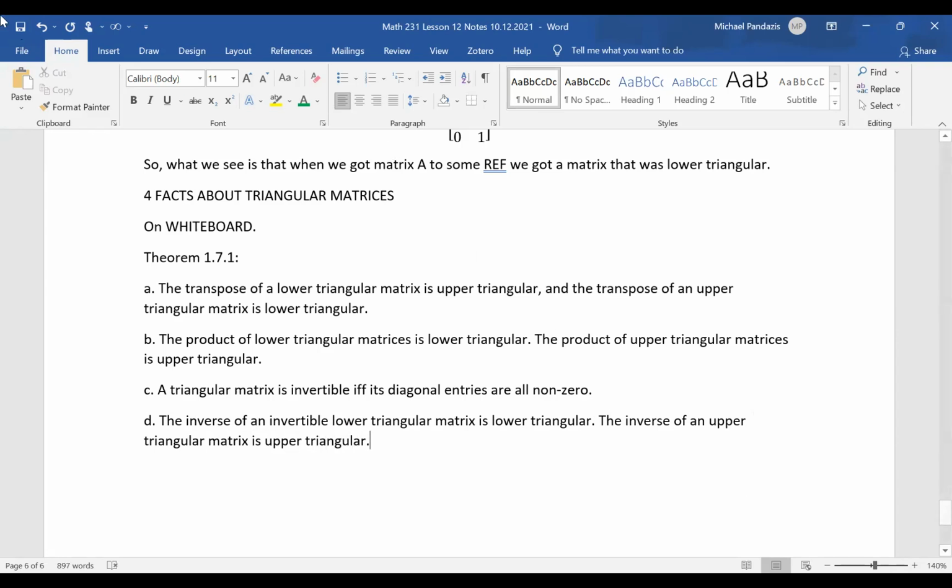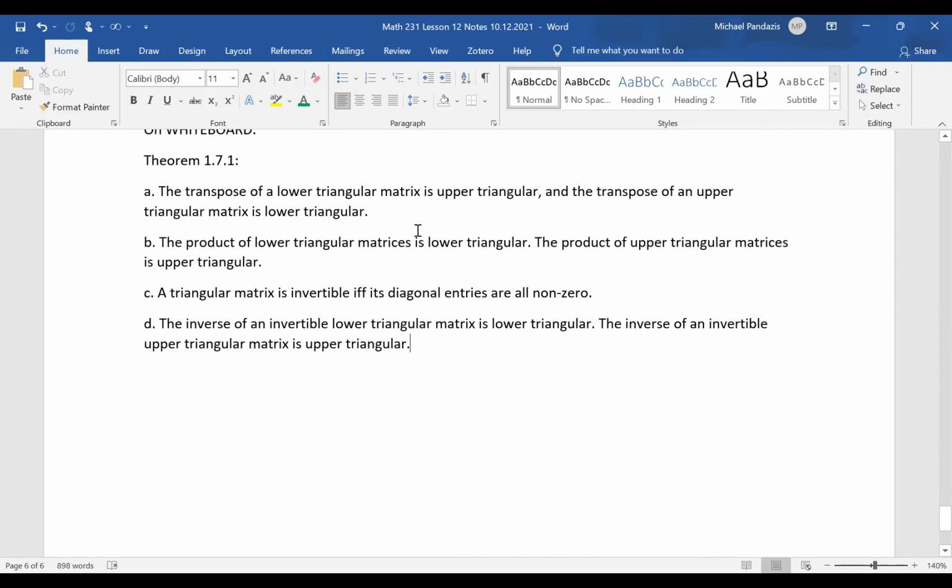Okay, so when you take the inverse of an invertible lower triangular matrix, it is lower triangular, and the inverse of an invertible upper triangular matrix is upper triangular, right? If it's not invertible, you can't take the inverse. So we're assuming it's invertible to make those statements. Okay, so that's that theorem.